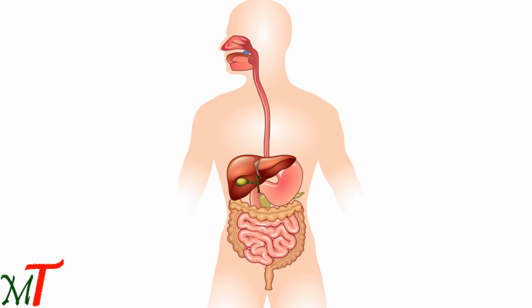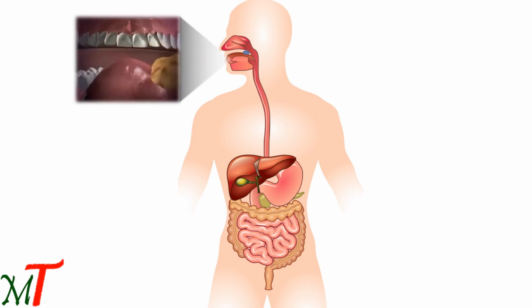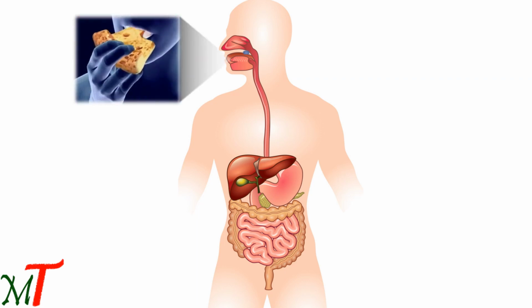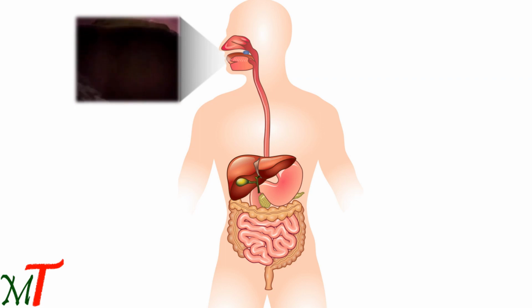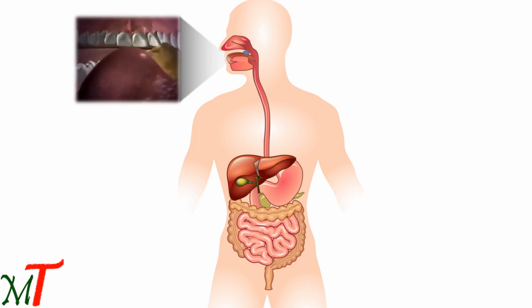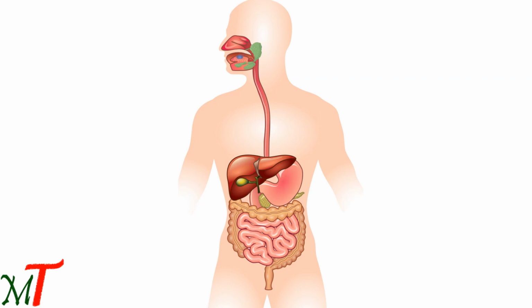Now, how the food is digested in our digestive system, we can learn. The food that we eat is cut into small pieces with the help of our teeth. They grind the food, and the saliva in the mouth helps to soften the food.